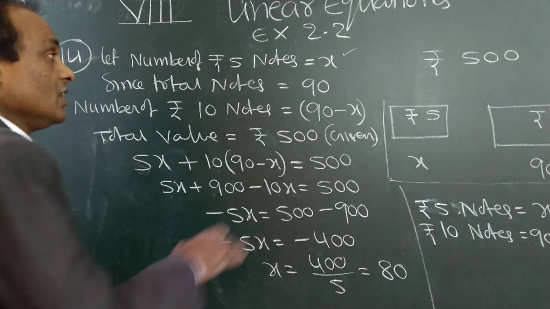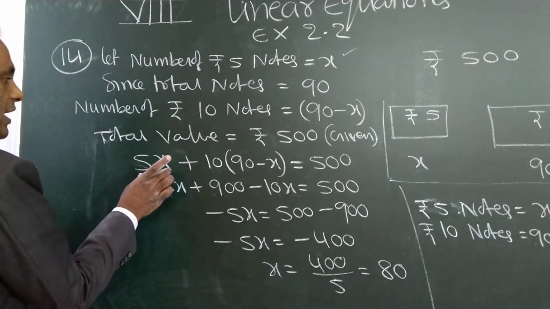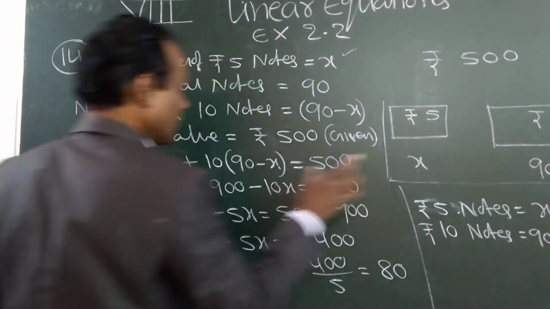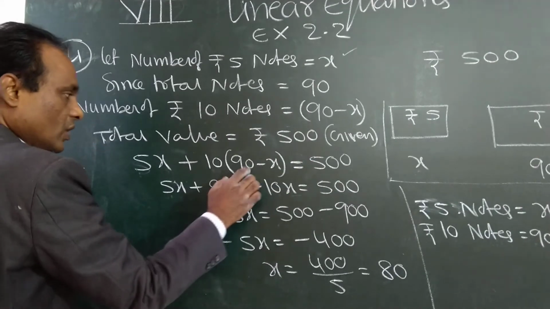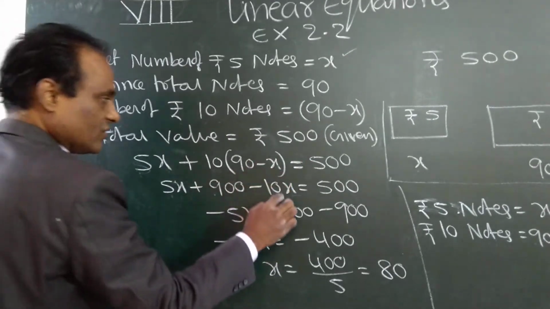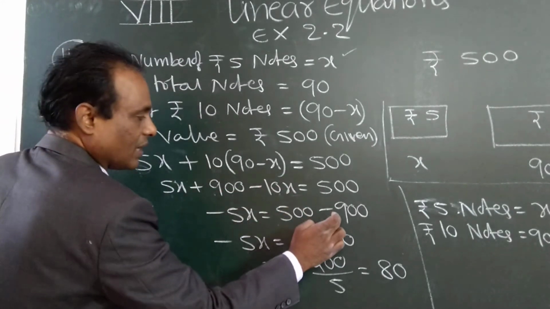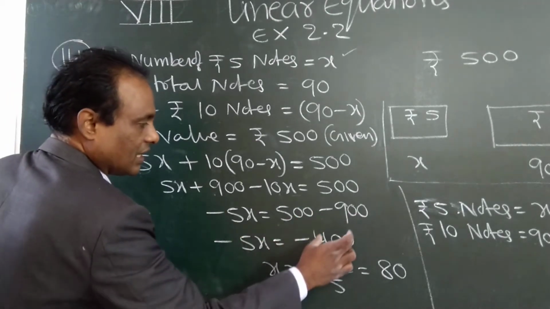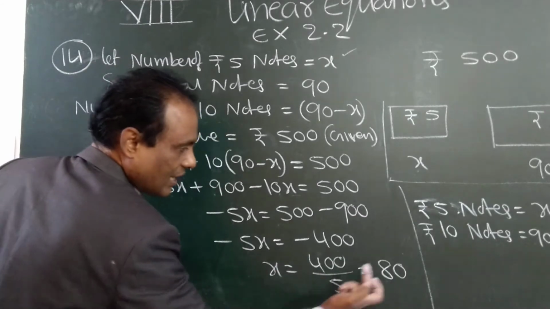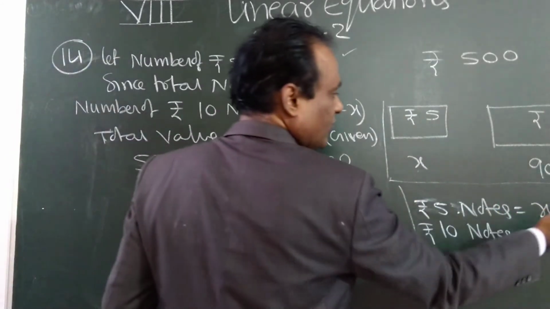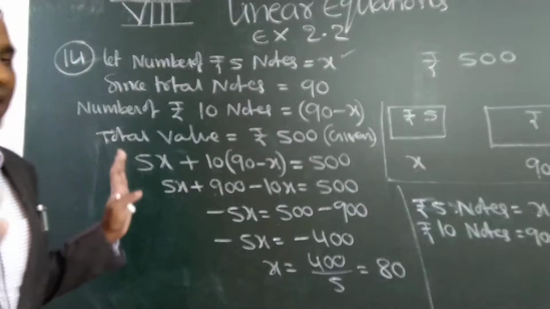What is the cost? 5 rupees into x, and 10 rupees into 90 minus x, but it is given as 500. 10 into 90 is 900, 10 into x is 10x. 5x minus 10x is minus 5x, plus 900, right side minus 900. 500 minus 900 is minus 400, minus minus cancel, 400 by 5, 5 eights are 80. So if x is 80, 90 minus 80 is 10. Completed. So you understand this.